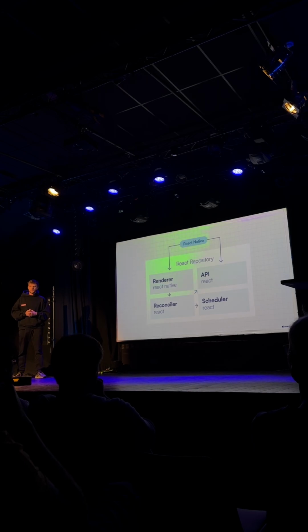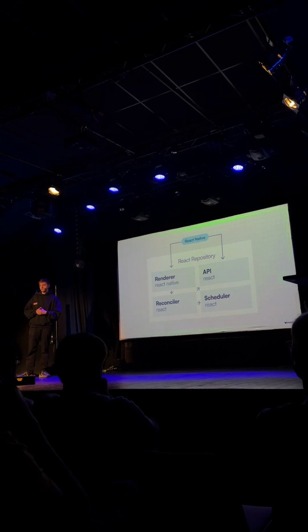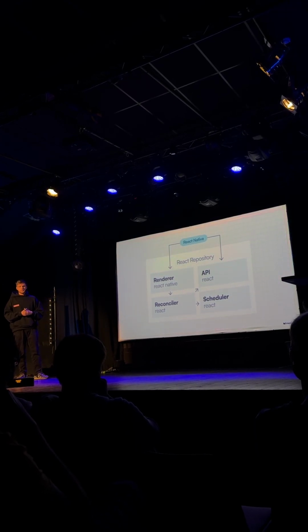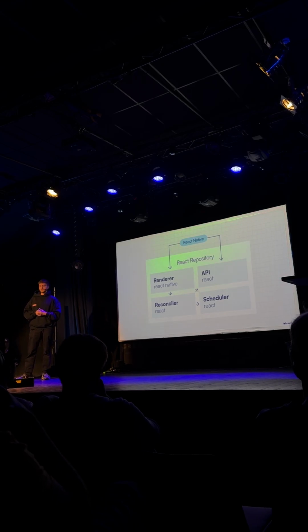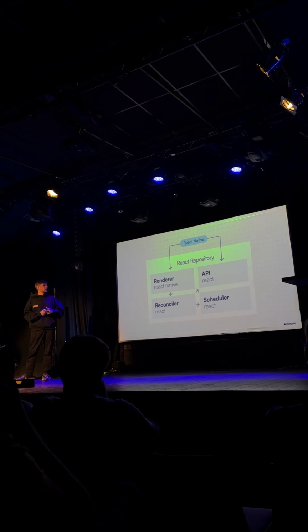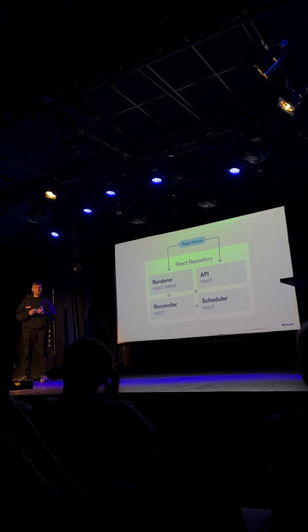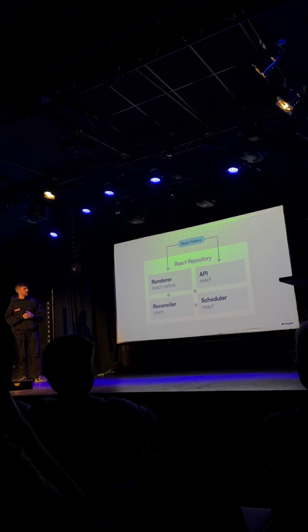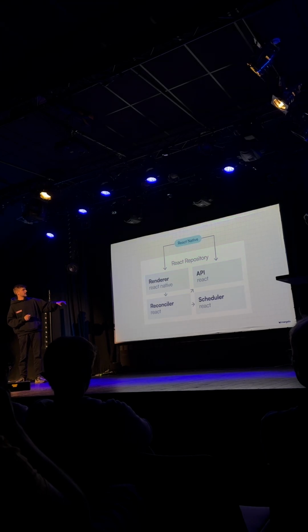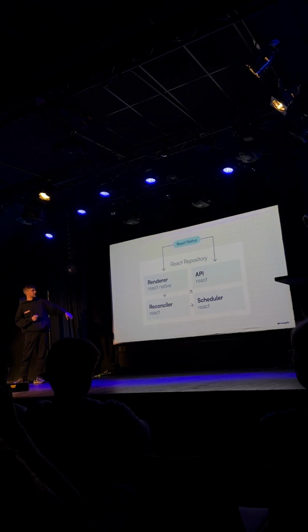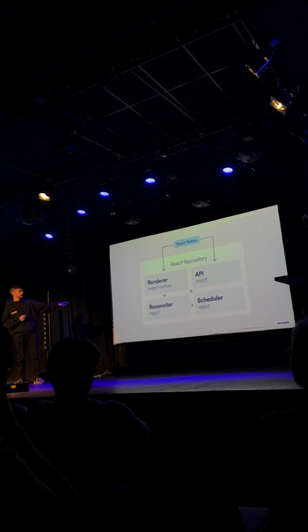Now, there's one important thing that I want to mention about using React and React Native, because we as developers are only using the React API, like create context, the JSX, useState hooks. But there is the React renderer from React Native, which passes a config to the React reconciler.